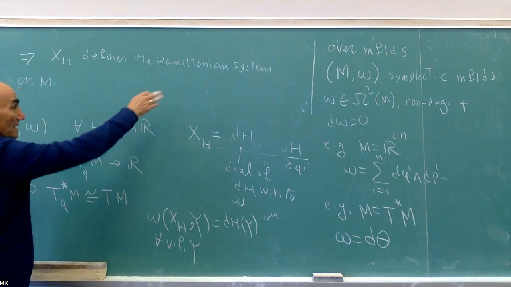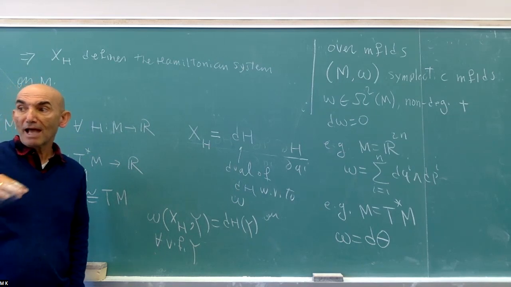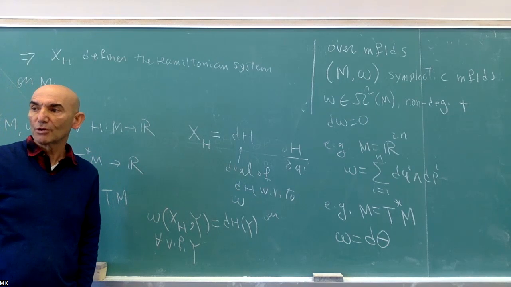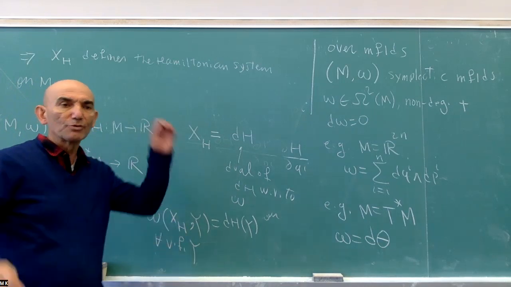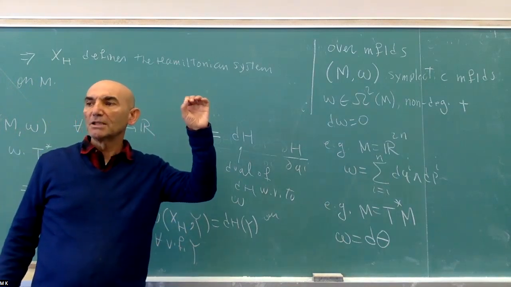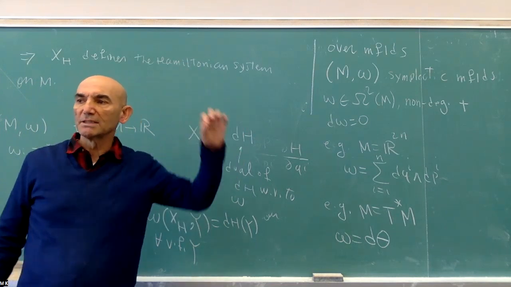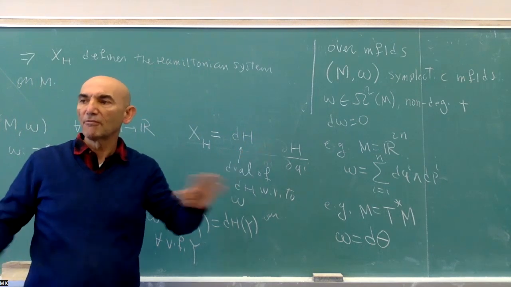By Hamiltonian system here, I don't mean those equations. I mean we have a vector field, and any vector field on a manifold defines differential equations. So you have the dynamics given. This is independent of coordinates. If you give me an initial point in the phase space, I can find its future and its past following this. So the flow exists.